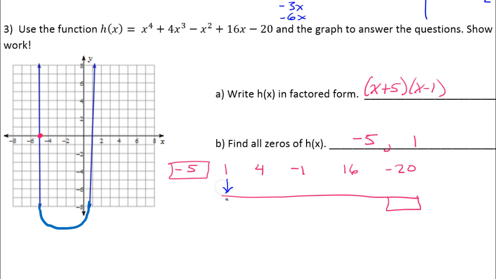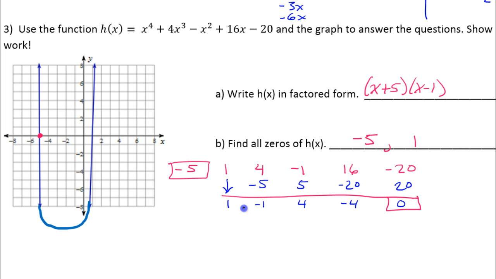And I'm going to do that synthetic division. 1 times negative 5 is negative 5. That's negative 1. Negative 1 times negative 5 is positive 5. That's 4. 4 times negative 5 is negative 20. That's negative 4. And negative 4 times negative 5 is positive 20, which is 0.